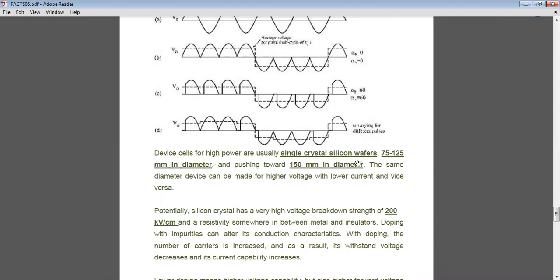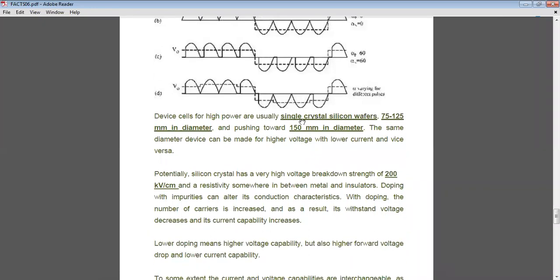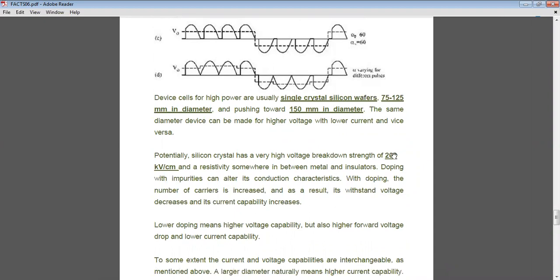They range over different diameters, that is 75 to 125 millimeters, and these diameters you can vary, because the current carrying capacity and voltage carrying capacity depend on this. Then doping with phosphorus or boron gives rise to p type and n type layers, and the breakdown strength will be different.